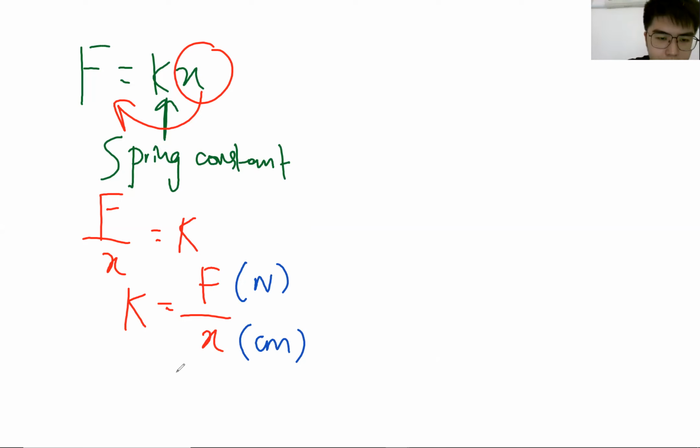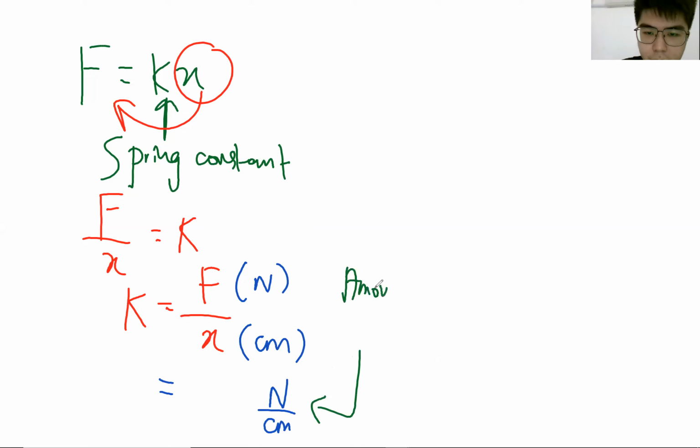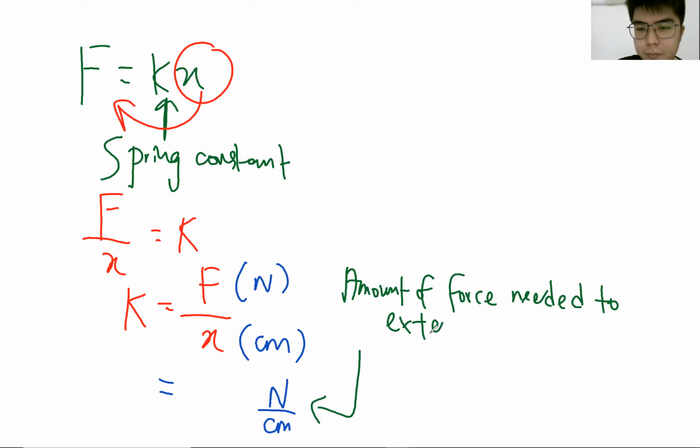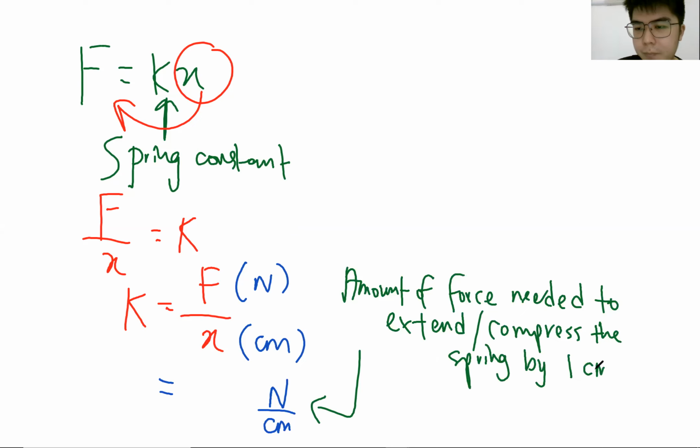Now from here, you can write that the unit is N over cm. What does this tell you? Meaning that the spring constant is the amount of force needed to extend or compress the spring by 1 cm.